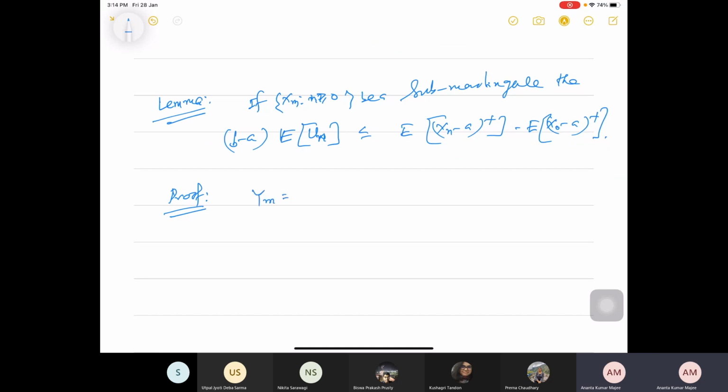I denote my y of m, which is a plus x of m minus a plus. Now you observe that x m is a submartingale, and hence x m minus a plus is a submartingale, because you can use Jensen's type inequality, since the function is non-decreasing and convex. So y m is a submartingale.